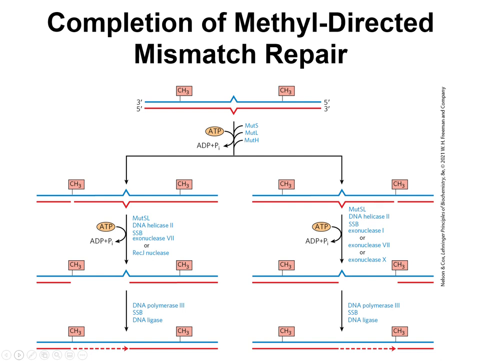So if we've got the nick over here, this is the 5' side. We're going to chew up everything from here all the way up to the place where there's the mismatch. And then we're going to use Pol III and DNA ligase to seal the deal and remake that DNA.